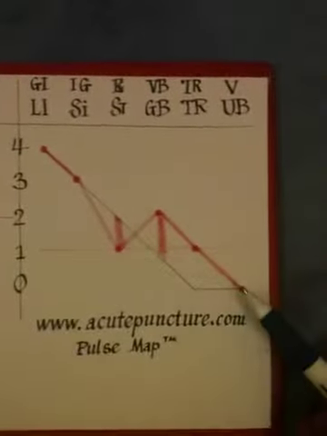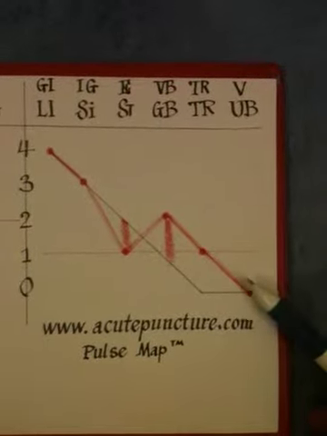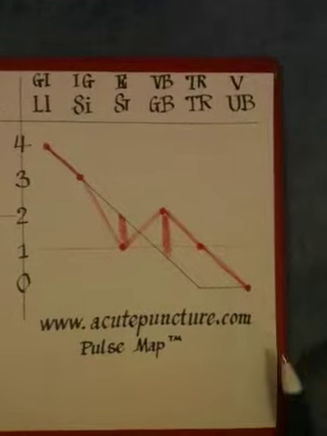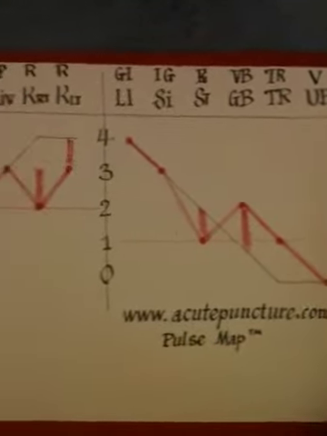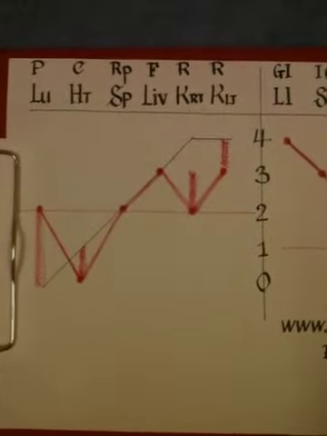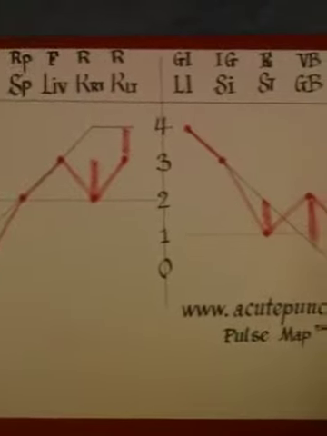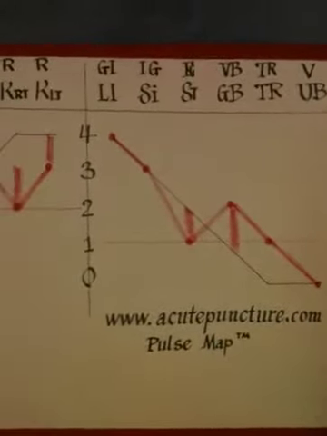Deficient kidney, full urinary bladder, so it produces fullness and starts to fill the Sanjiao meridian. So we also open Sanjiao meridian because we can't see the flow of qi in the extraordinary meridians with the pulse.